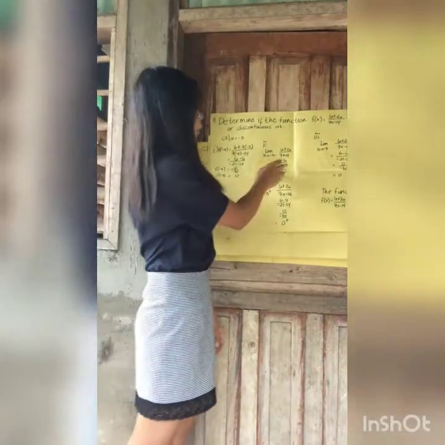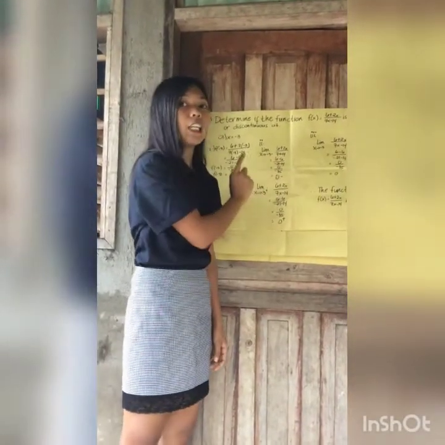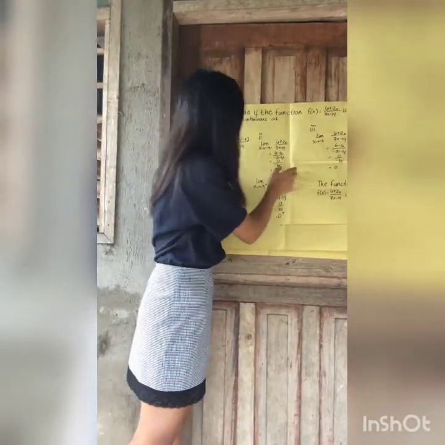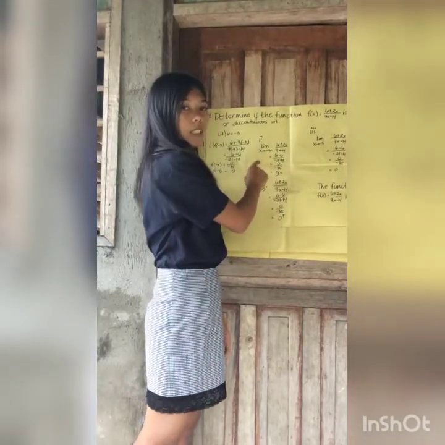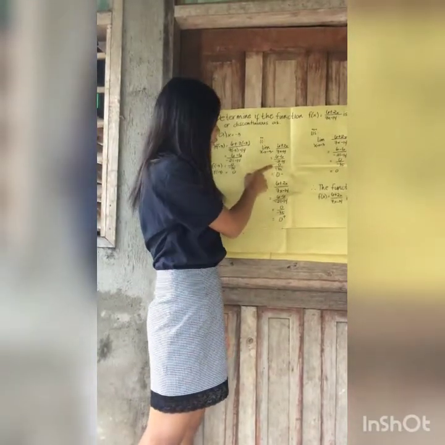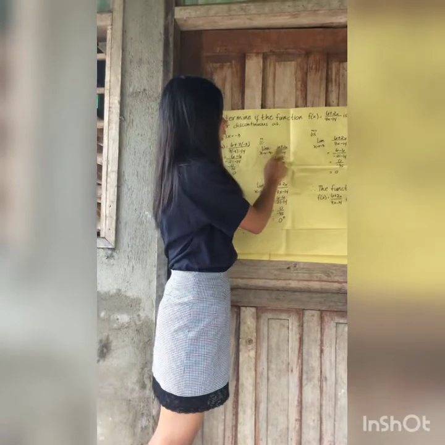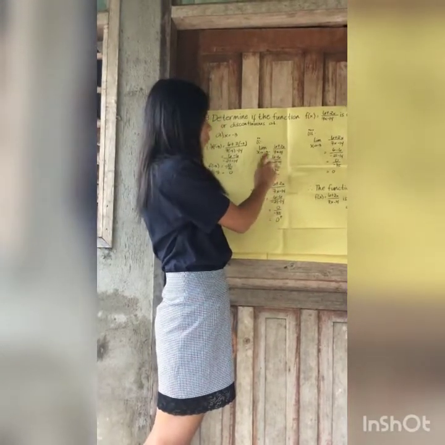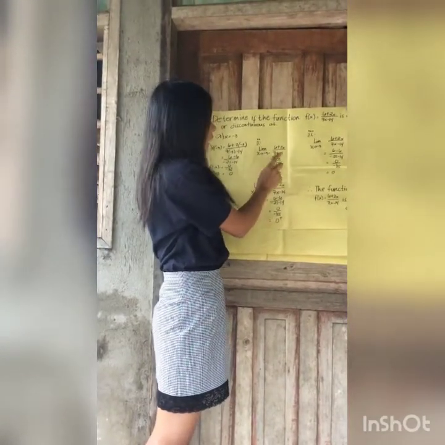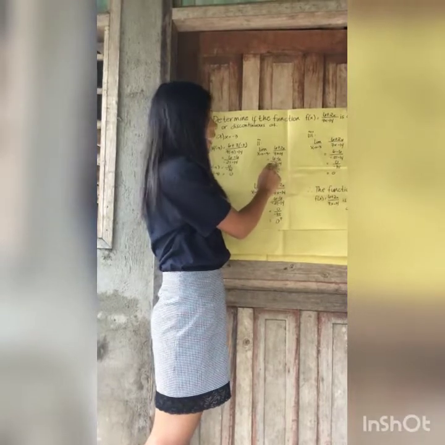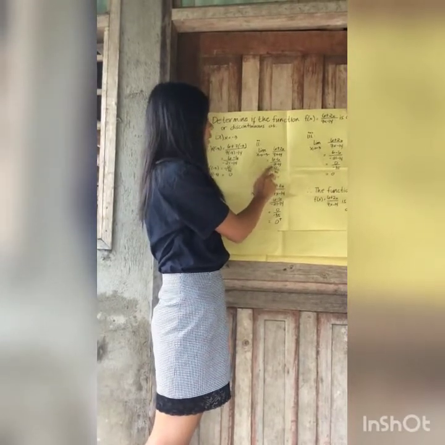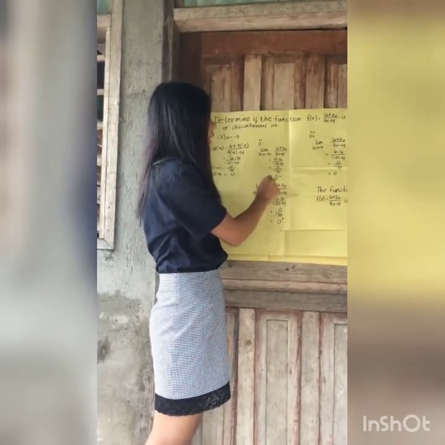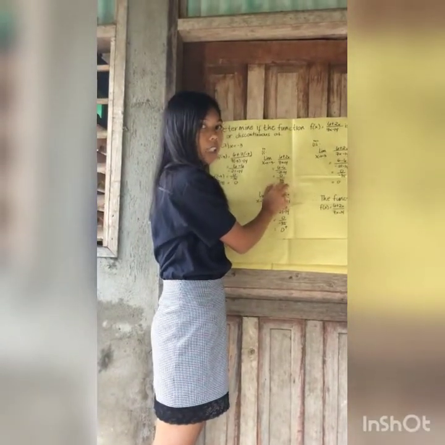Now we're going to see if our limit exists or not. We have the limit as x approaches negative 3 from the left of 6 plus 2x over 7x minus 14. We have 6 minus 6 over negative 21 minus 14, so we have 0 over negative 35, and our answer is 0 from the left.